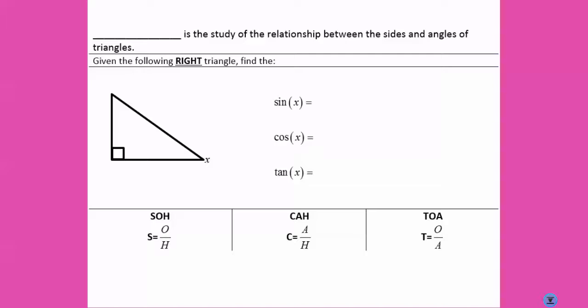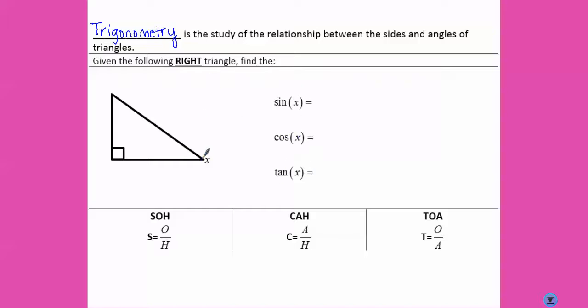So first, trigonometry is the study of the relationships between the sides and the angles in a right triangle. So given the following right triangle, find the sine of x, cosine of x, and tangent of x.